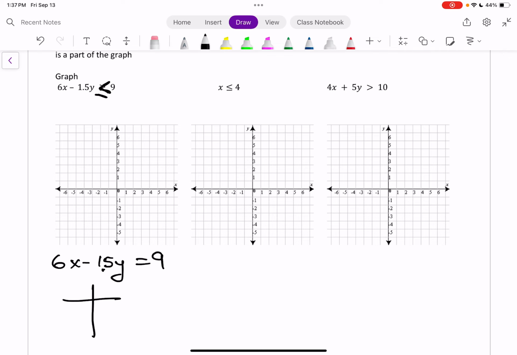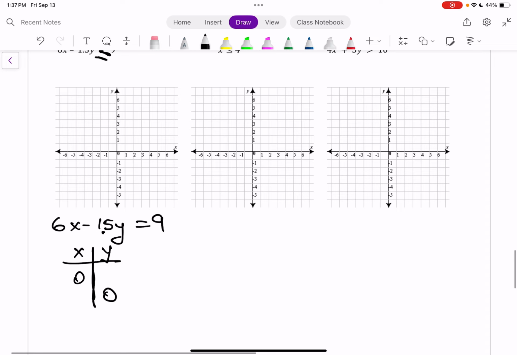So the best way to find the 2 points in this case is to find the intercepts. So if you make x 0 and you take 9 and divide it by -1.5, you should get -6, but I will test that. Yep. And now if you make y 0, 9 divided by 6 is the 1.5 we had earlier.